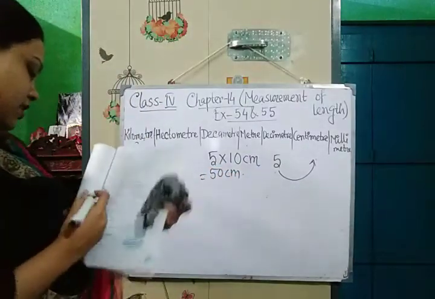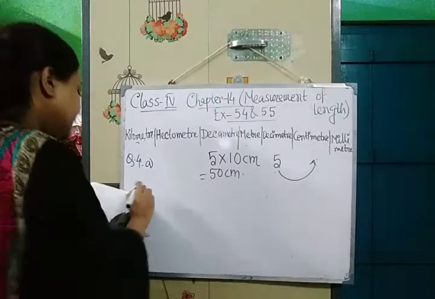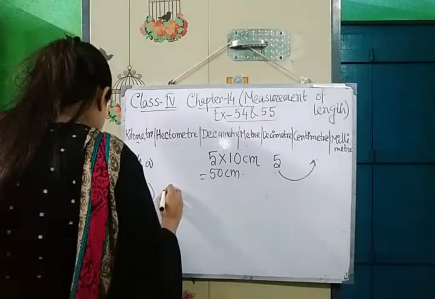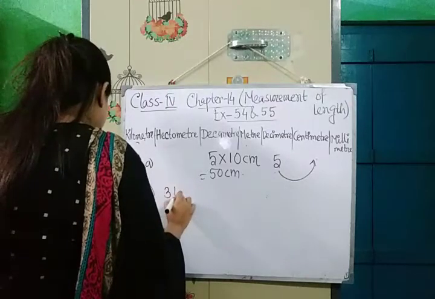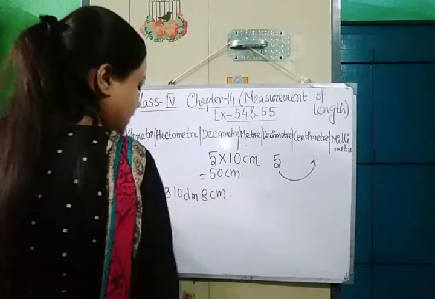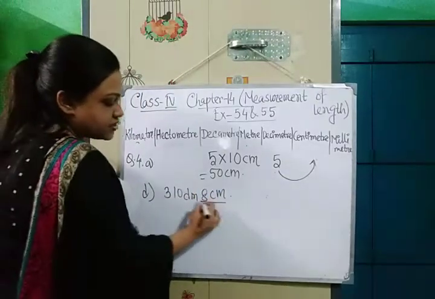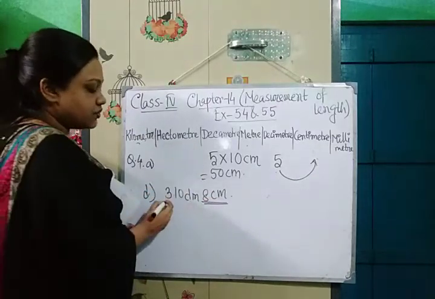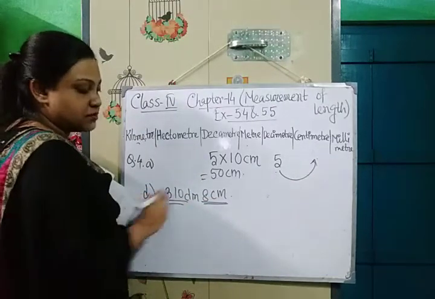Okay. Next one, I am doing D again from question number 4, which is 310 decimeter 8 centimeter. Here again, the 8 is already in the unit centimeter, so we will not convert it. We will just convert this decimeter to centimeter.